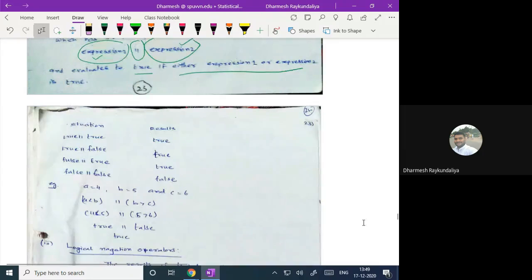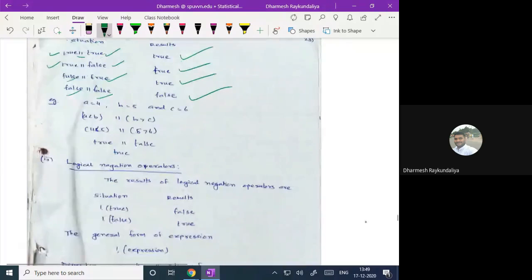So we have the situation: expression 1 is true, expression 2 is true, and if we are using the logical OR, the result is true. If expression 1 is true and expression 2 is false, but either of them is true, the result is true. Expression 1 is false, expression 2 is true, but either of the expressions is true, the result is true. And if both expressions are false, the result is false. So this is the example.